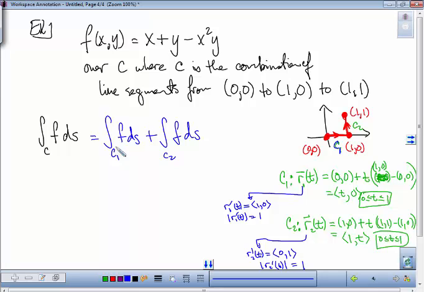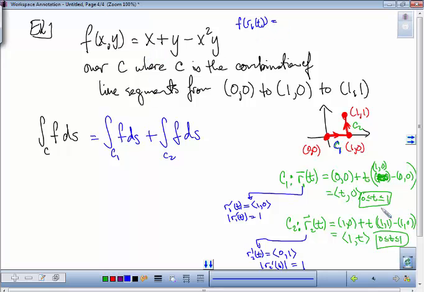Okay, so let's put those in. Wait, I don't know if I want to do this yet. Let's see what happens when we put r in here, f of r1 of t.